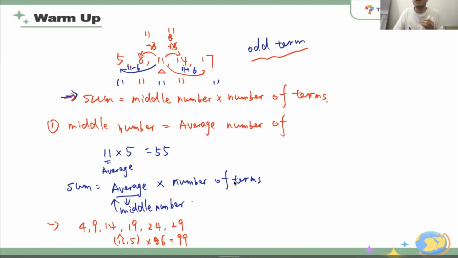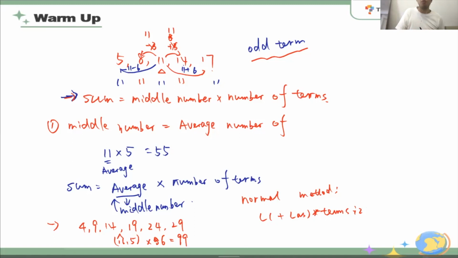And when we meet a sequence with even terms, we always use our normal method. And what is our normal method? That is the first term add the last term times the number of terms divided by 2. That is what we use to find the sum with a sequence that has even terms, okay? So just figure out how we have this method, how we use this method, and in which type of sequence we can use this method.